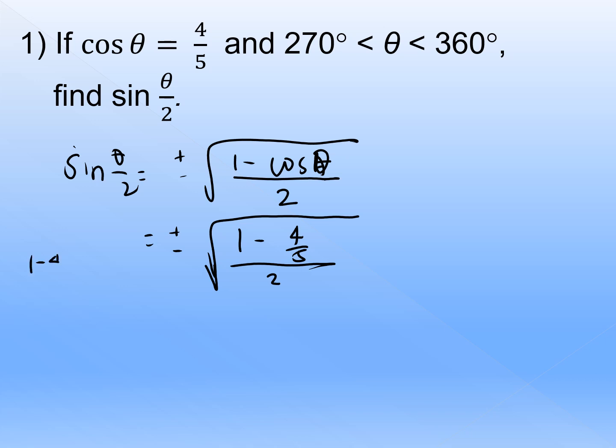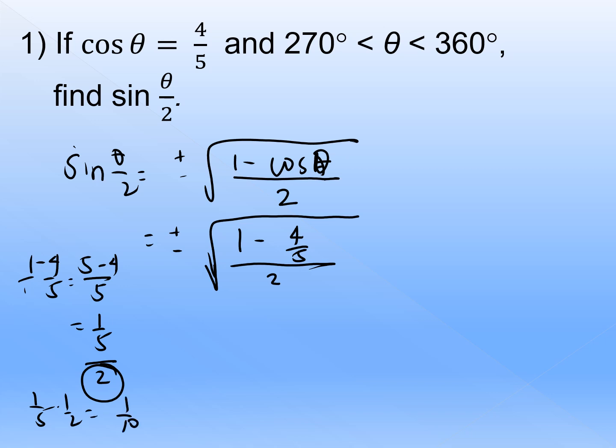So 1 minus 4 over 5, the LCD is 5. So 5 divided by 1 times 1 is 5. 5 divided by 5 times 4 is 4. So 5 minus 4 is equal to 1 over 5. Since we have divided by 2, we're going to get the reciprocal of 2 and multiply to the numerator. So it will be 1 over 5 times 1 half, which is equal to 1 over 10.